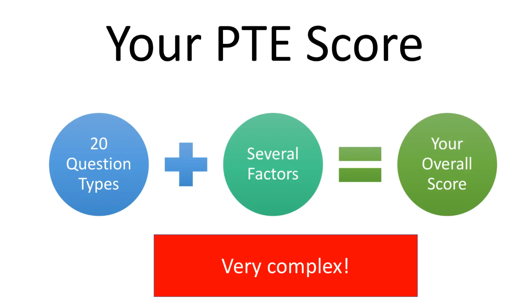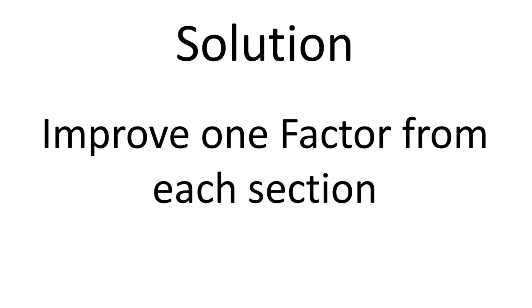It's a very complex system, to say the least, right? How to work on all those factors, how to work on all of those question types. So that is very complex. So if you want to increase, let's say 5 points, then the solution is improve one factor from each section.